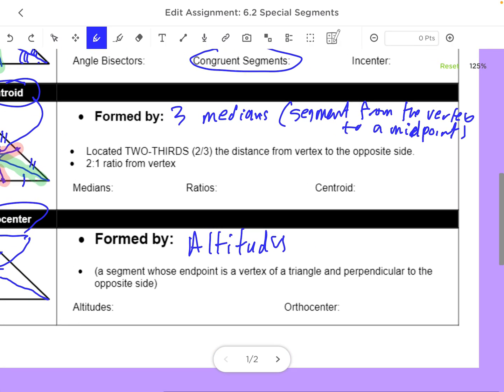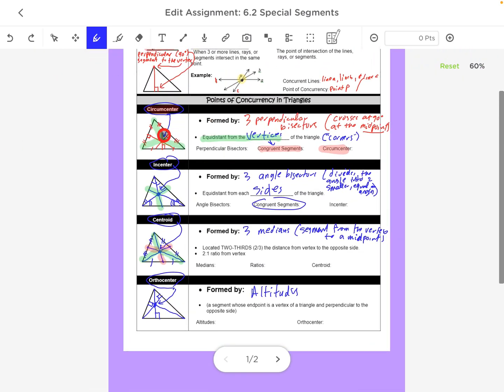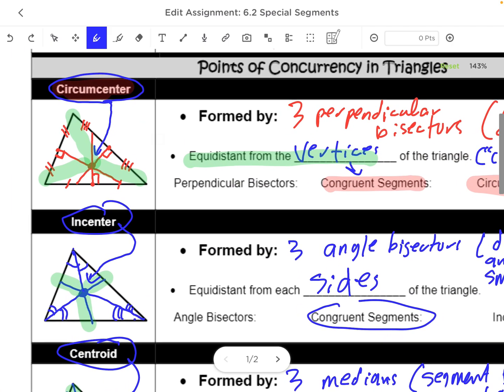So these are our 4 points of concurrency. Depending on what we do, if we started with 3 perpendicular bisectors, bisector means that it's right in the middle, and it's perpendicular. That's going to create the circumcenter. The incenter is created by angle bisectors. So we bisect the angles, and wherever they cross is the incenter.